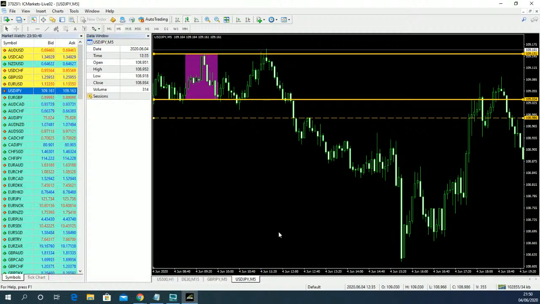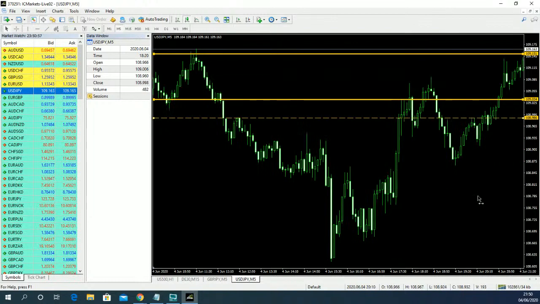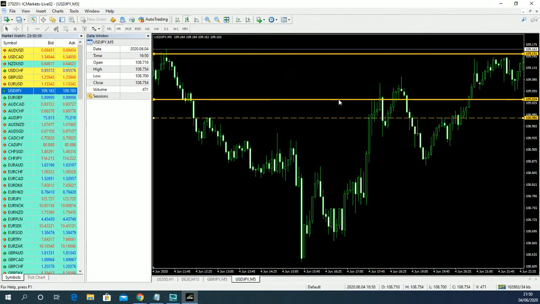We don't worry too much about that. We focus on our strategy. What happened next is this serves as our resistance level now. Price went into the box and came out again, so it gives you another chance to go short.